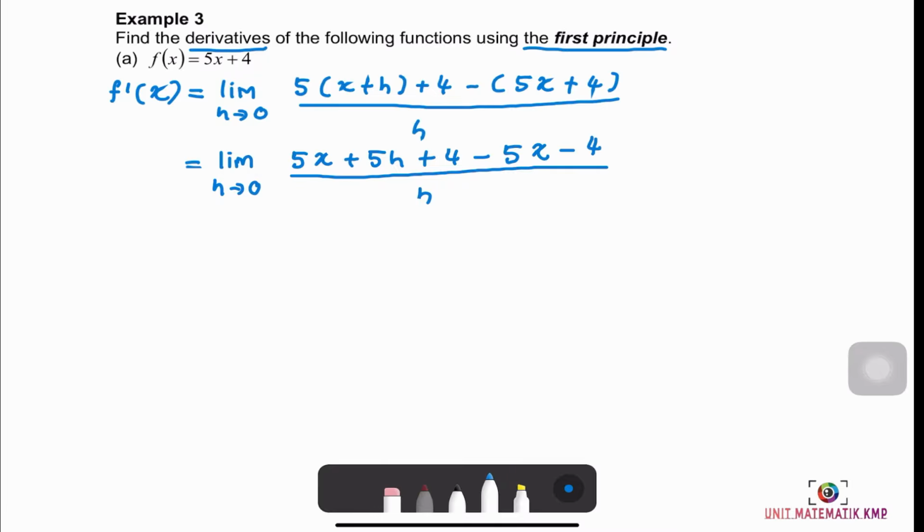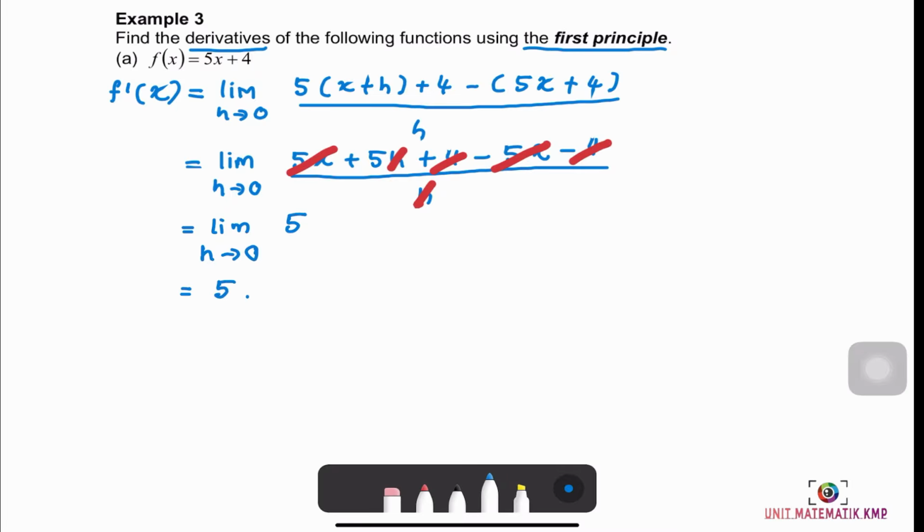Then we simplify. This one we can cancel off, this one we can cancel off, and so we only have 5h over h. So we can simplify this h. We will have the limit of 5 when h approaches 0. Therefore, the final answer should be 5.